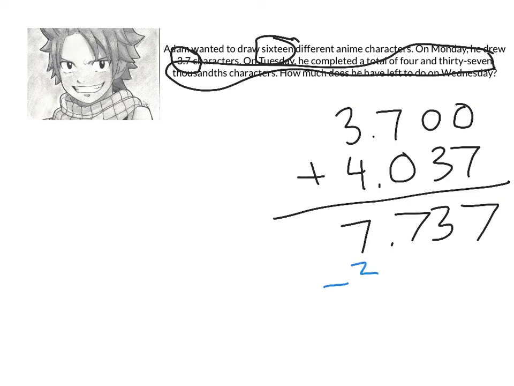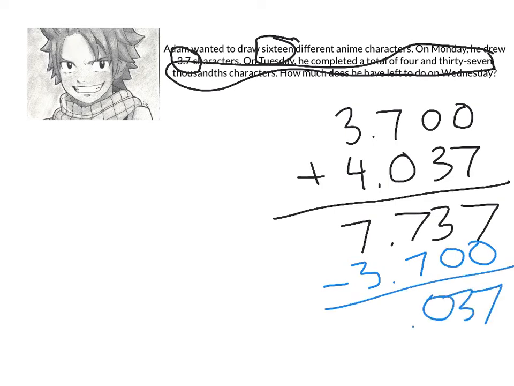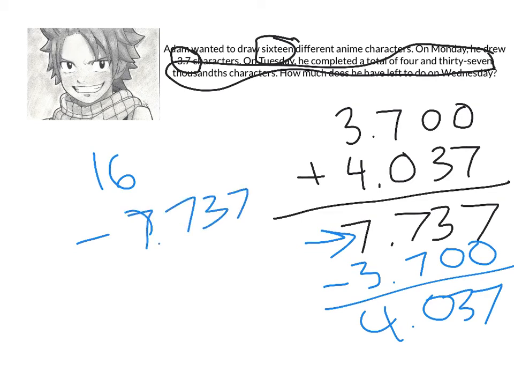So I'm going to take away 3.700, and that gives me 4.037. So I'm good here. So this is how much he's drawn, I'm going to take that away from 16. See how much is left to draw. And I see I don't have any decimal place values, so I need to go ahead and add those in. We need to do some exchanging of place values.